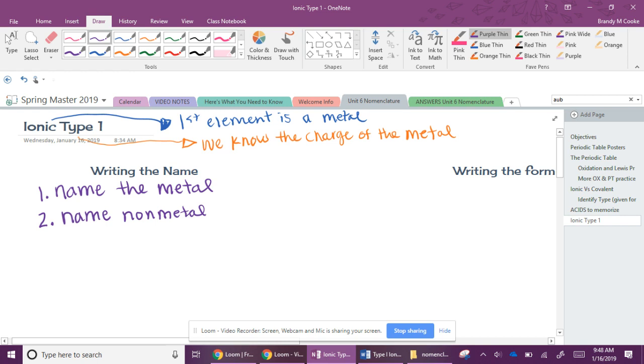But we can't just name it. We have to change the ending to IDE. So name the nonmetal, change the ending. Remember, triangle means delta. Delta means change. Change the ending to IDE. So let's do some examples.